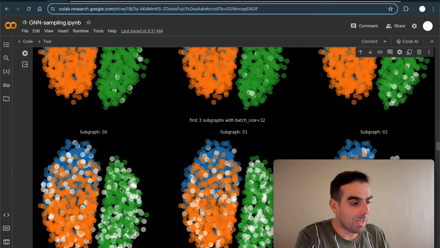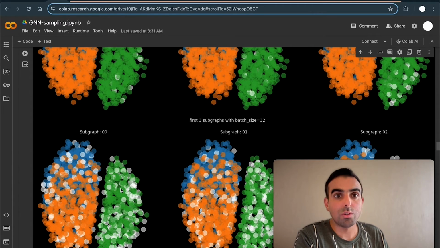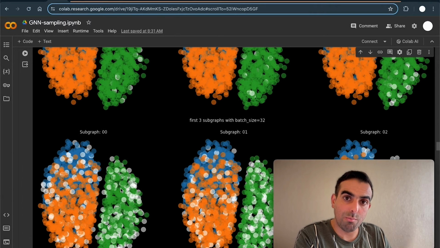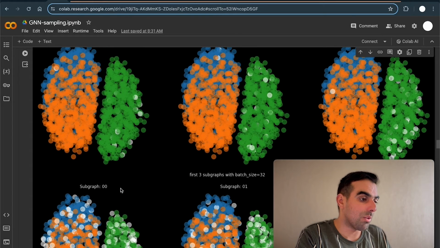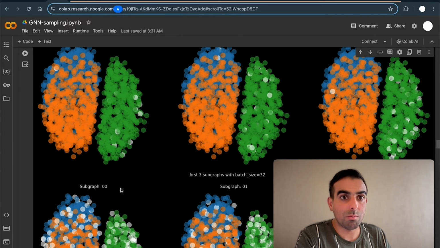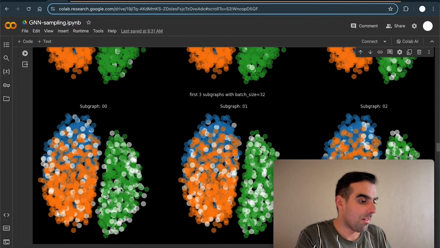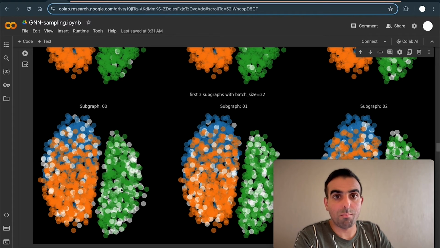So you have to balance the trade-off. Do you want more subgraphs, but each one is small, or do you want fewer, large subgraphs, but they are very dense? This is the trade-off between the number of subgraphs and the batch size. This is for the neighbor sampler.